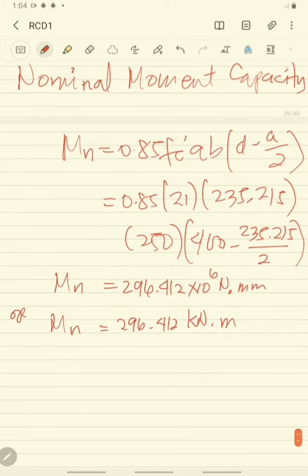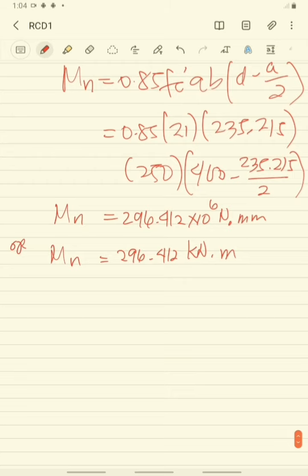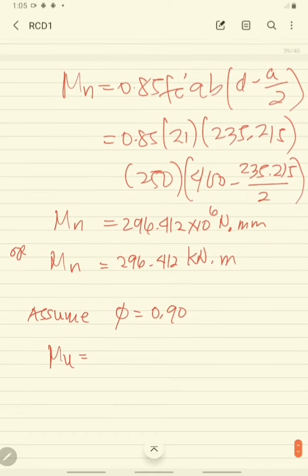Okay, so for the ultimate moment capacity, I assume phi, the reduction factor, is equal to 0.90. We would need to compute the value of phi, but in this problem I am going to assume that phi is just equal to 0.90.